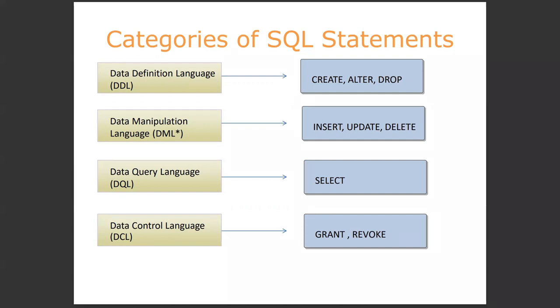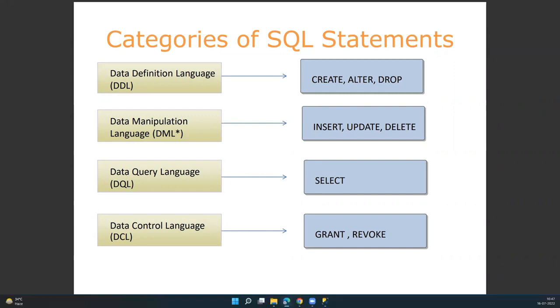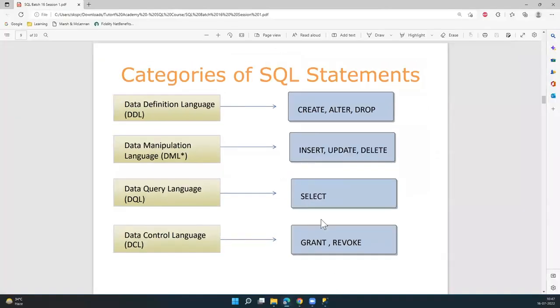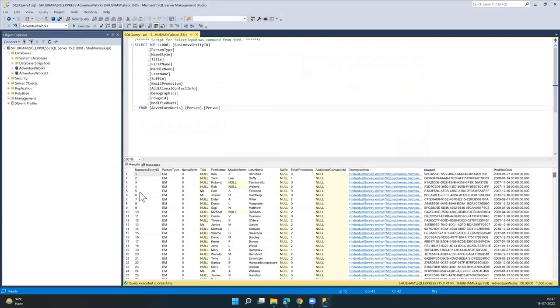Now there is data definition language, where we are basically doing nothing but defining the data itself. When I say defining the data, you are defining how the data would look like: business entity ID, person type, name, style, title, first name, middle name, all the different columns and data types that you want to have.